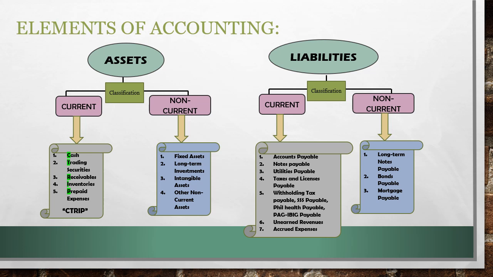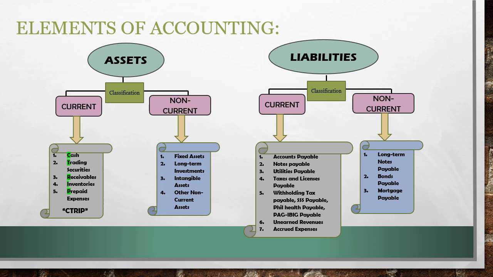The normal operating cycle refers to the time span during which cash is used to acquire goods and services, which in turn are sold to customers, who in turn pay for their purchases with cash. So, common examples of current assets are the following.